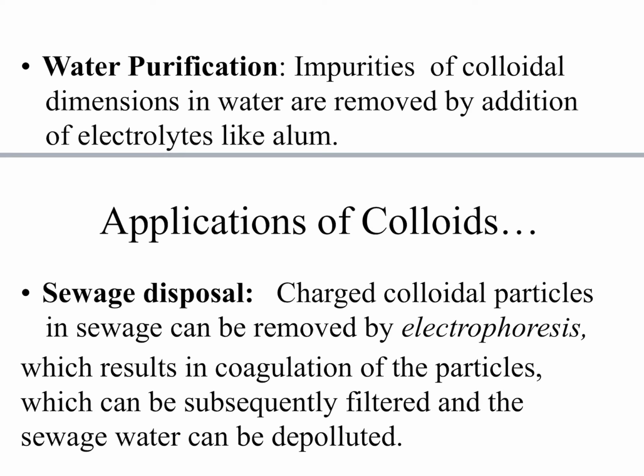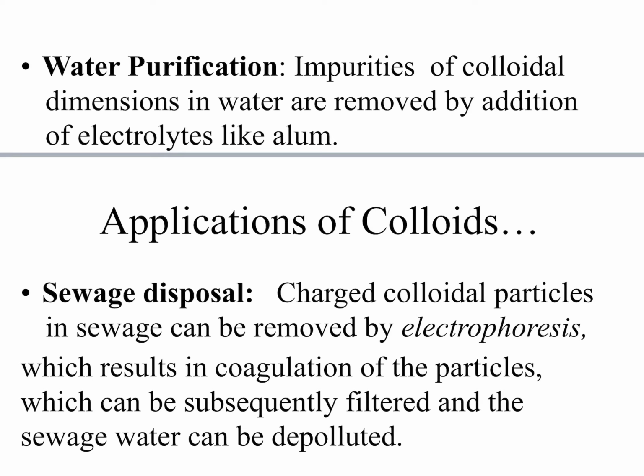During electrophoresis, the sewage water is sent through electrodes at a very high voltage. These electrodes, maintained at a high voltage, neutralize the charge present on the colloidal particles in the sewage. Once the charge is neutralized, these particles come together and form larger aggregates, and the same story repeats: they settle down at the bottom, they coagulate.